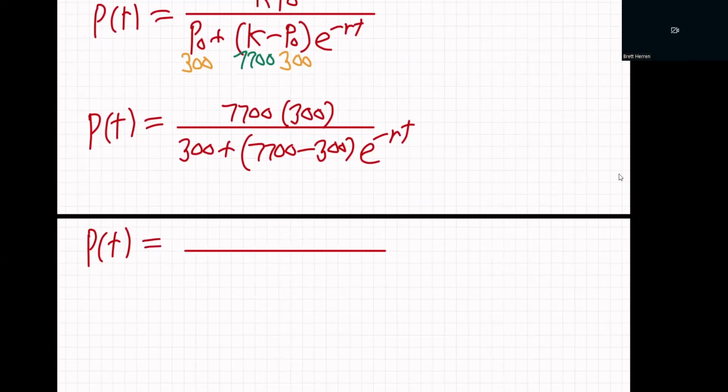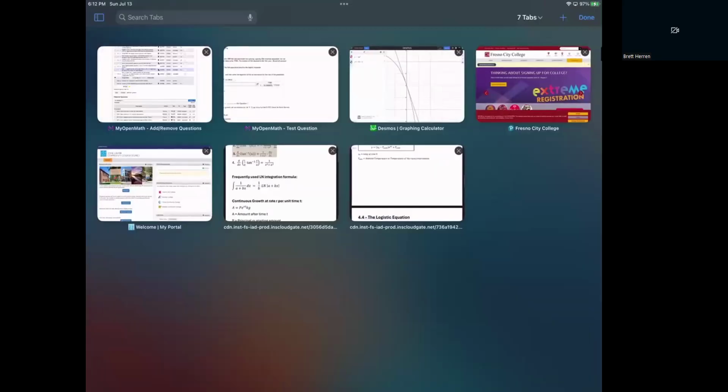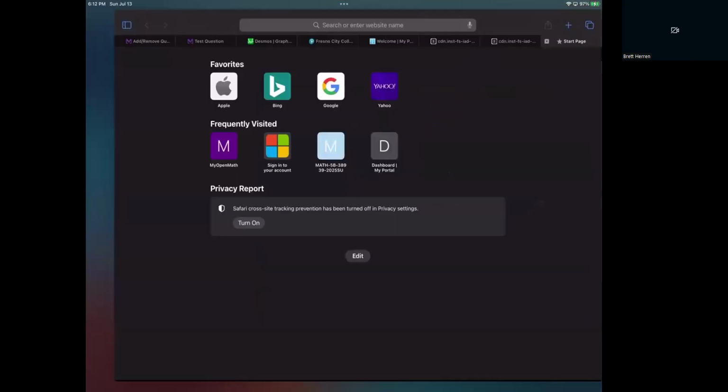So what's 7,700 times 300? I do not know. Desmos knows. Where did my Desmos go? I must have clicked it off.